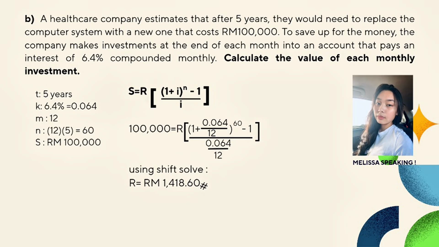Next, write down the formula. S is equals to 100,000 ringgit Malaysia, and N is M times T equals to 12 times 5 equals 60.